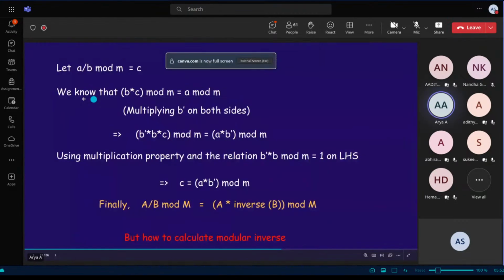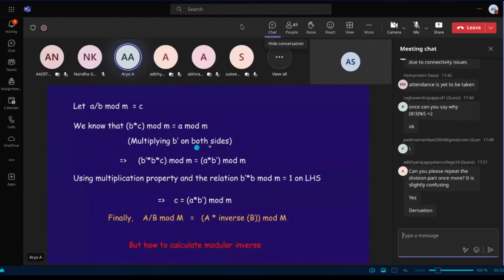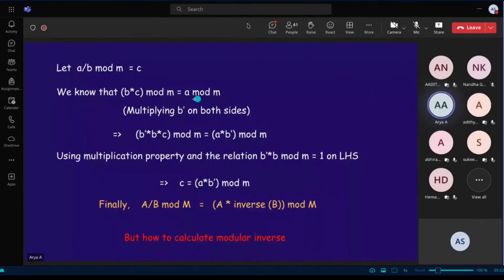I'll start from here. I hope this part is clear because I know that the answer is c. It means this relation is definitely satisfied because this was the task initially. Okay, this part might be a bit confusing. It's better if you write this out in the form of an equation. I've written b into c mod m is equal to a mod m.